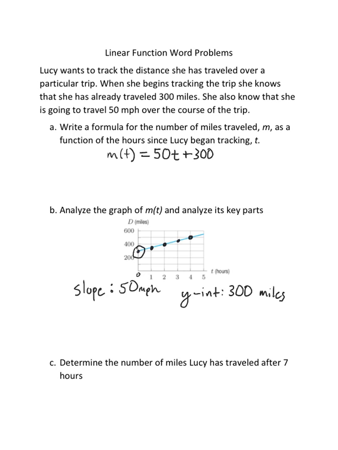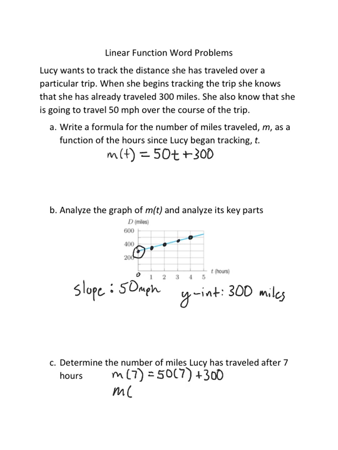So if we want to know how far she has traveled after 7 hours, we want t to be 7. In other words, we're trying to figure out what is m of 7. M of 7 would equal 50 times 7 plus 300.